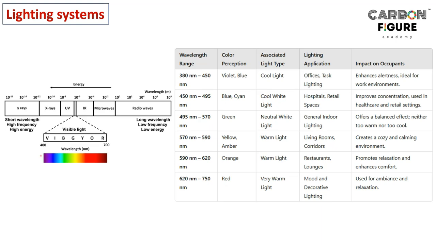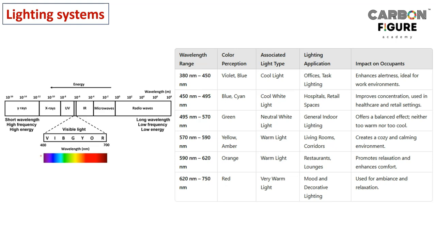According to the place and function, you can decide which sort of lighting you should prefer. For example, if you take green, its wavelength falls between 495 nanometers and 570 nanometers. It looks like a neutral white light, right? It suits general indoor lighting and offers a balanced effect, neither too warm nor too cool.